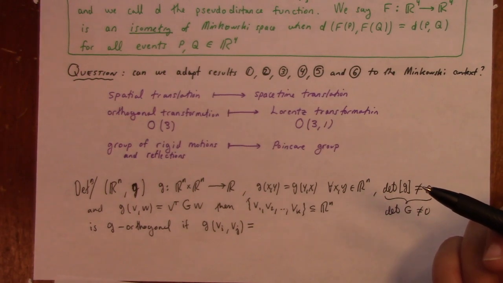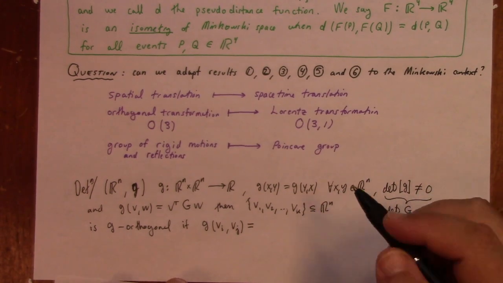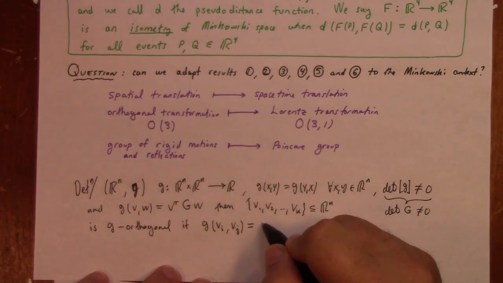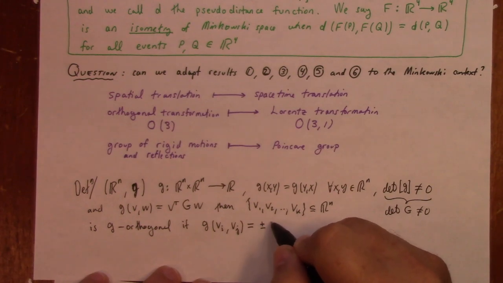But here I want to allow for, well, this is too specialized for the general thing, but for our context, it's really just going to be plus or minus delta ij.